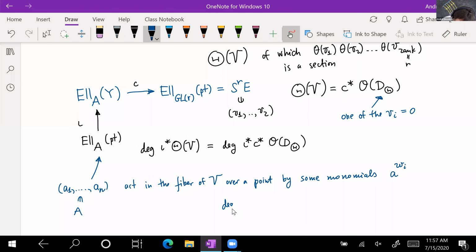And so then the degree of a product of theta functions, I'm asking what's the degree of a product of theta functions of these monomials Wi. Okay, so that is first of all the sum of the degrees. But each one, the degree of each one, we decided has to be an integer quadratic form, which is pulled back from a codimension 1 subtorus, and so what it is is just the summation of Wi squared.